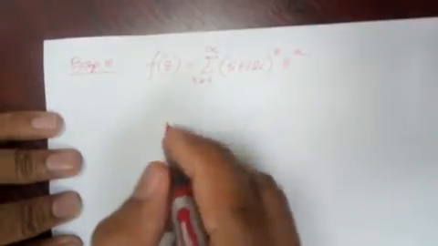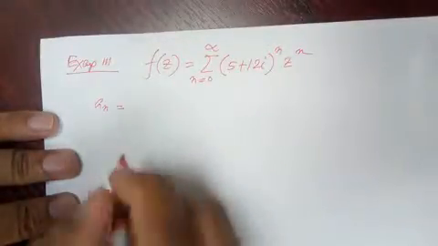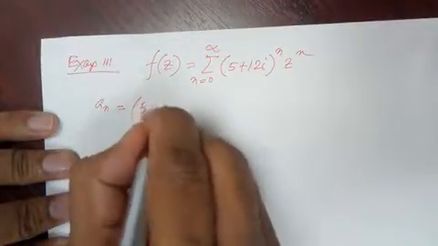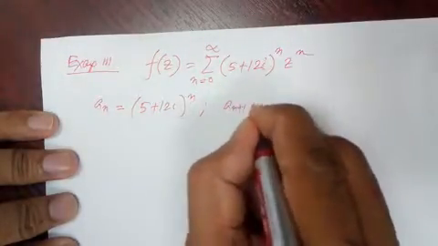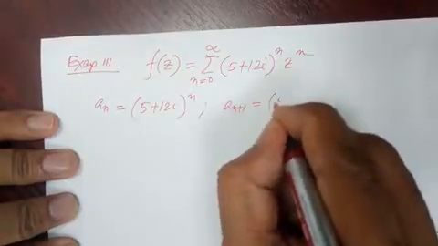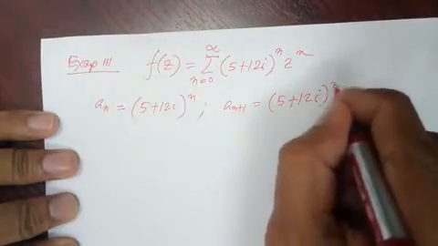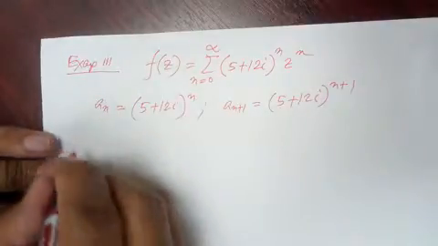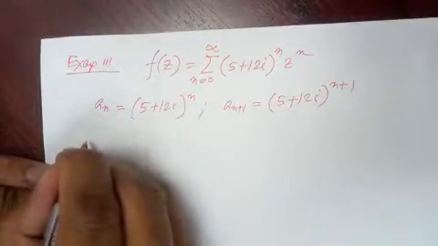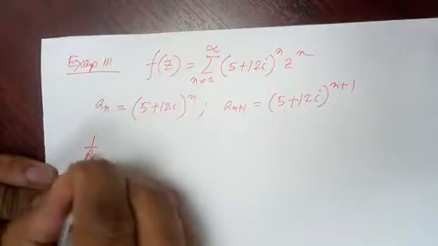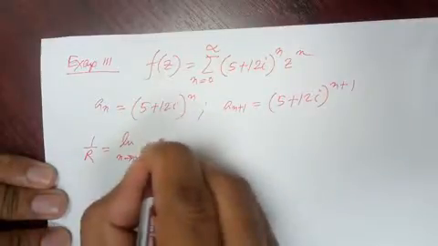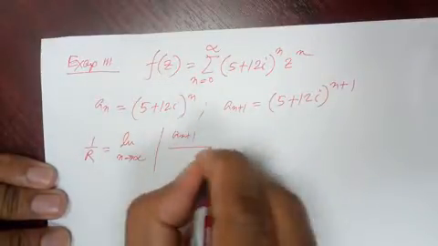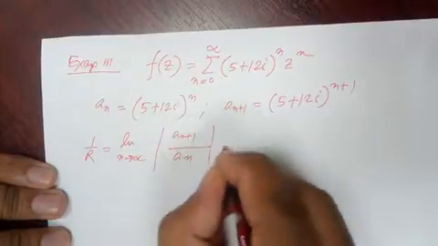Here we can again define a_n. a_n is (5 plus 12i) to the power n, and a_(n+1) is (5 plus 12i) to the power (n plus 1). So with Cauchy's formula for the radius of convergence, we calculate the limit as n tends to infinity of the absolute value of a_(n+1) over a_n.